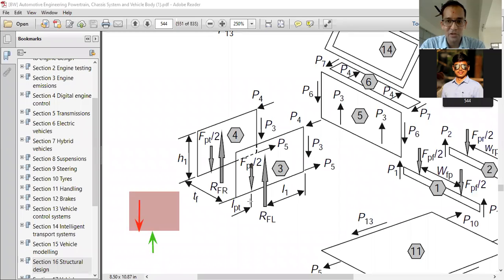Why? Because this is also held from a particular zone. If it is held from a particular zone, I'll give another color, green, to it so you'll be able to understand. If I'm defining a spot weld over here, that is the support member, and at that zone we are getting certain reactions.